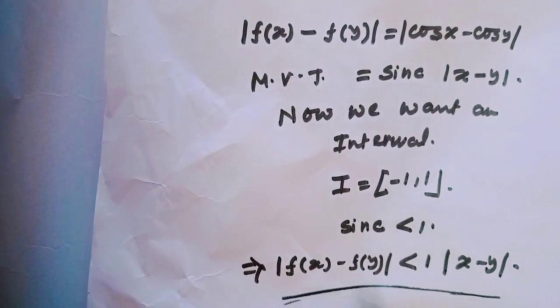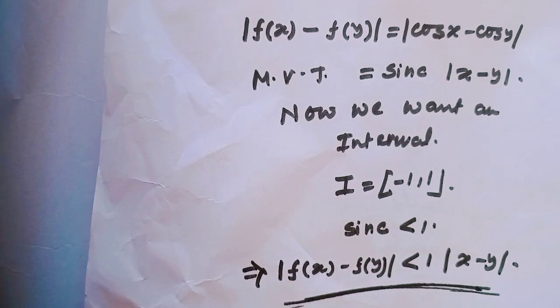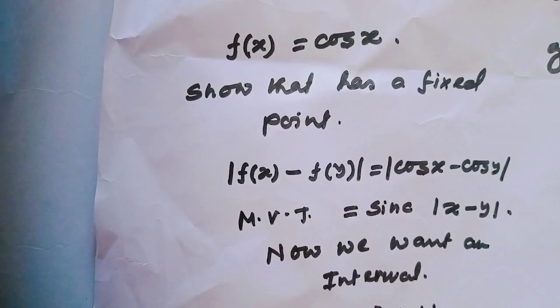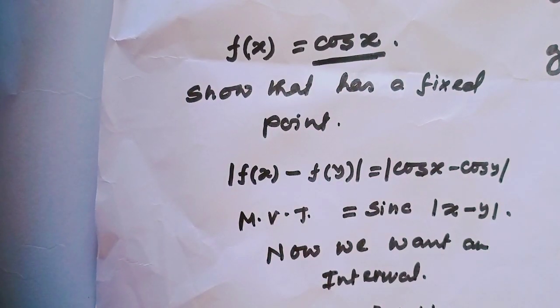Notice the inequality. The inequality of contraction mapping is satisfied here. Therefore our given function f(x) equals cos x has a fixed point.